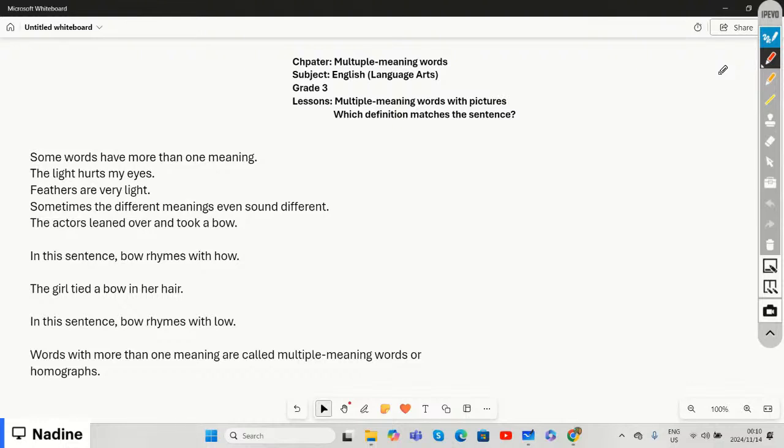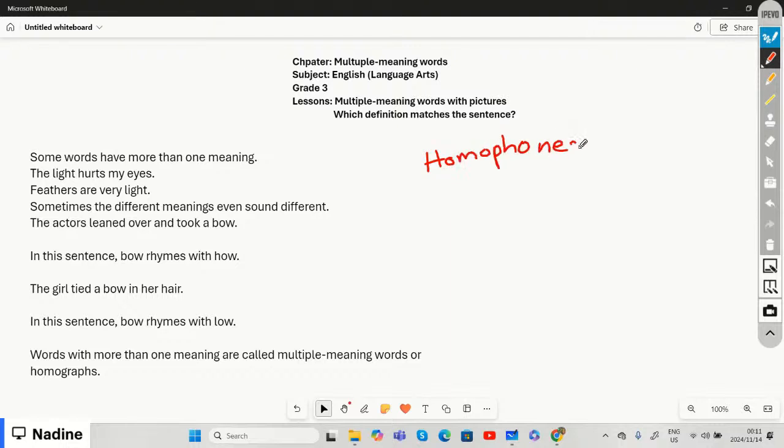If we look at a few examples of words that have more than one meaning, look at the word light. But before we go to the meaning, when we did homophones, we said homophones are words that sound the same, but the spelling and the meanings are different.